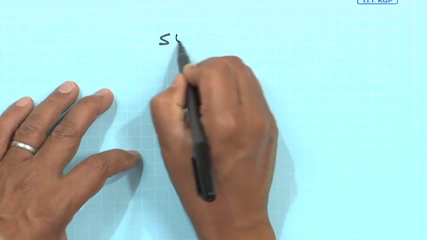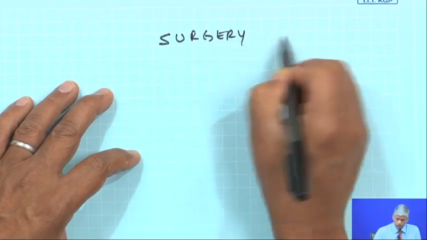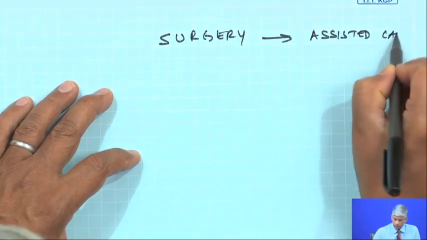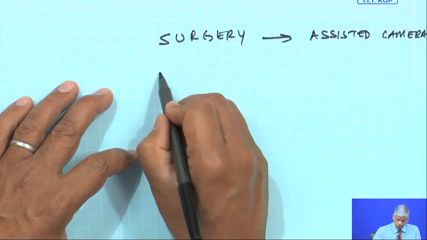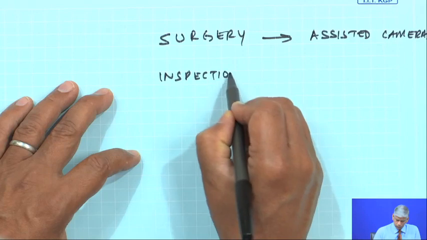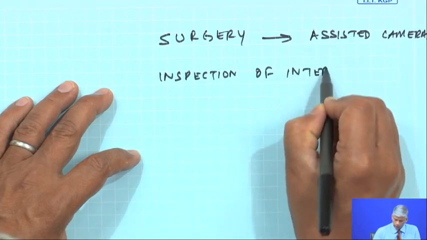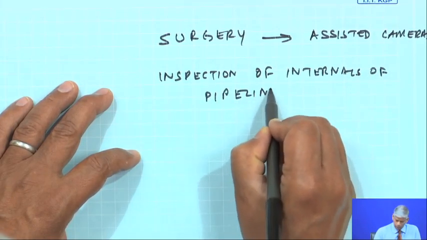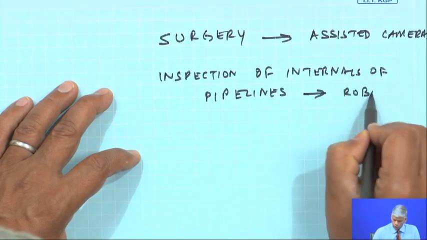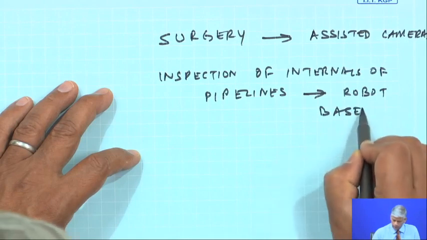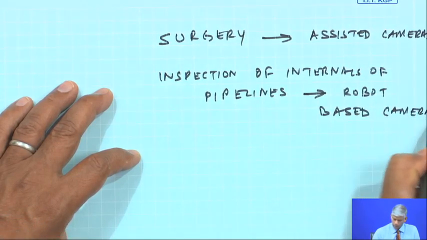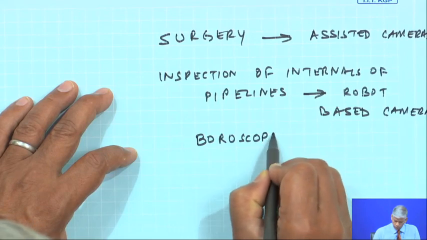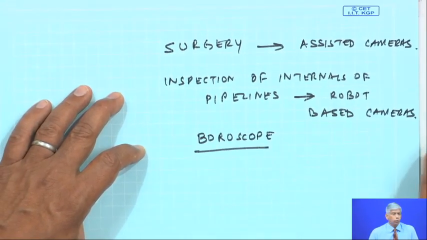You would have heard of doctors doing surgery assisted by cameras, or inspection of the internals of pipelines by robot based cameras, or what is known as a boroscope. For surgery we have endoscopes, etc.